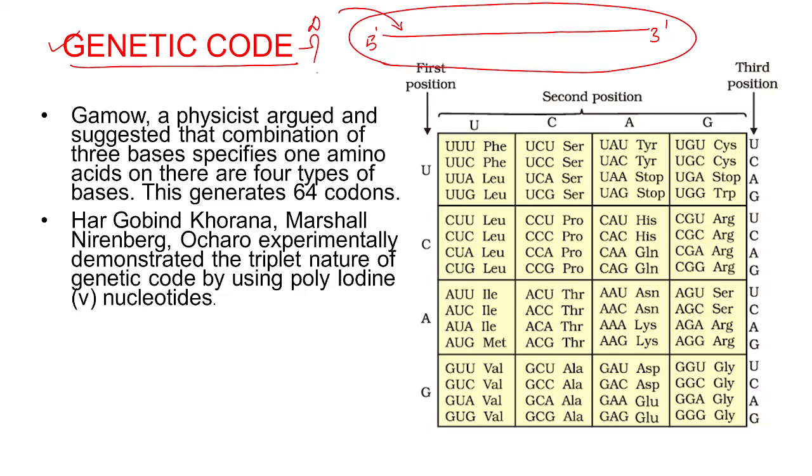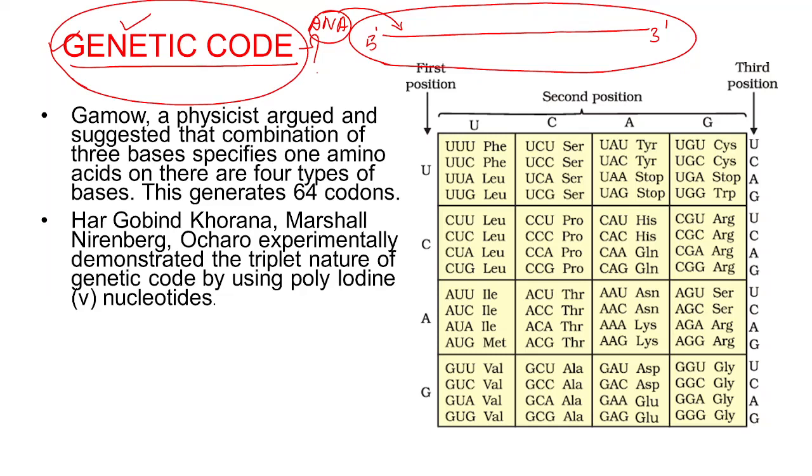The genetic information copied from the DNA will be present in the mRNA, and it will be in the form of genetic code. That means the genetic information copied from the DNA will be in the form of a coded sequence. That itself is called genetic code.